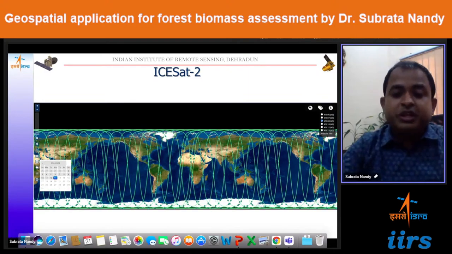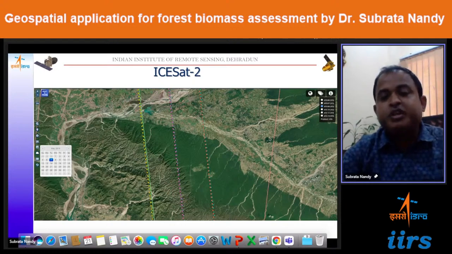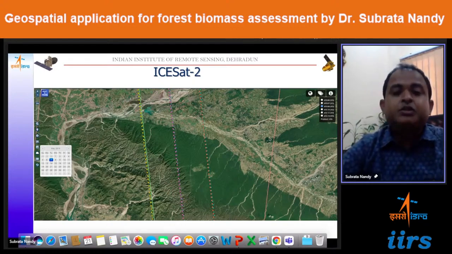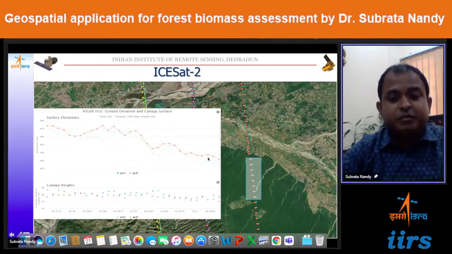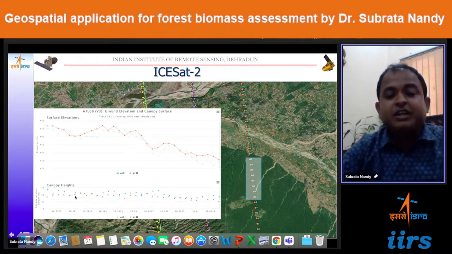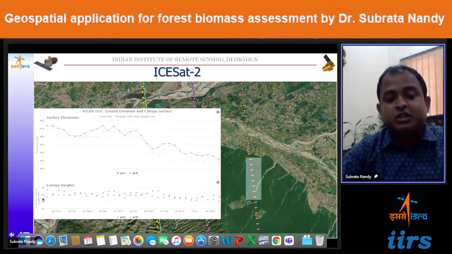You zoom into your area, and you can see the 6 beams or 3 pairs, as I said earlier, with strong beams as well as weak beams. If you zoom into any of these areas and select any of these points, you can directly get the surface elevation as well as the canopy height information. In this case, over the highlighted area, it can give the canopy height profile.